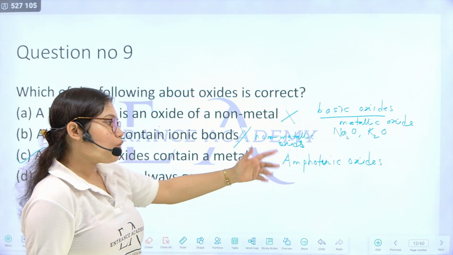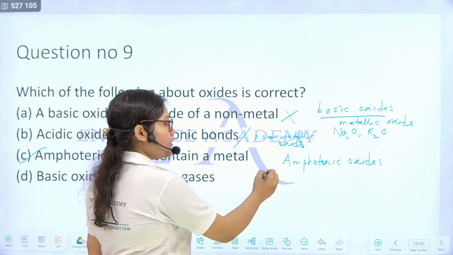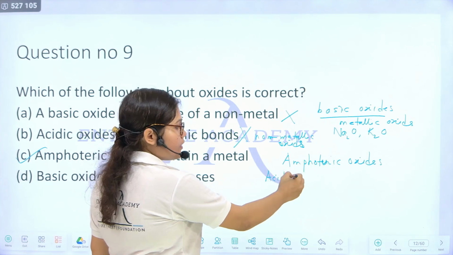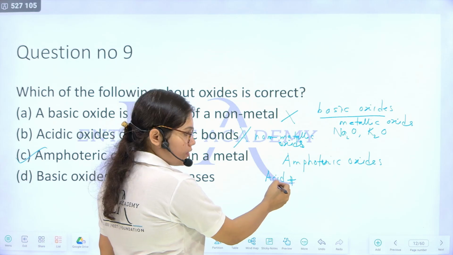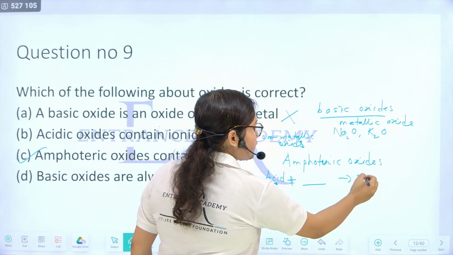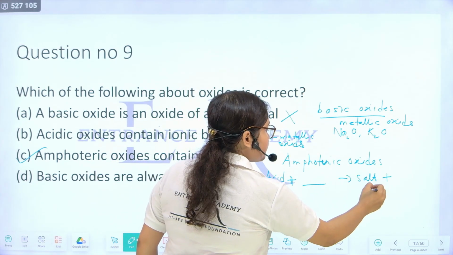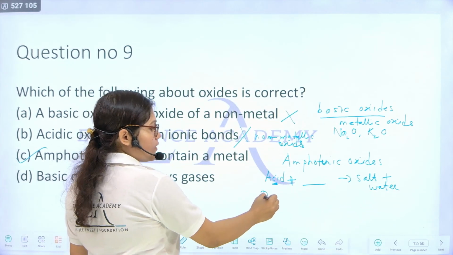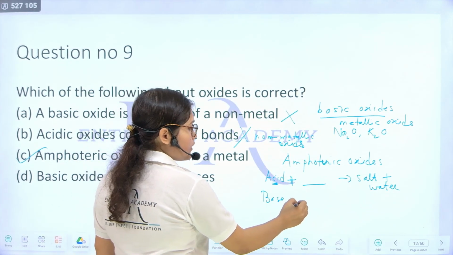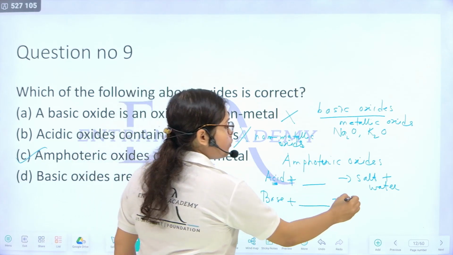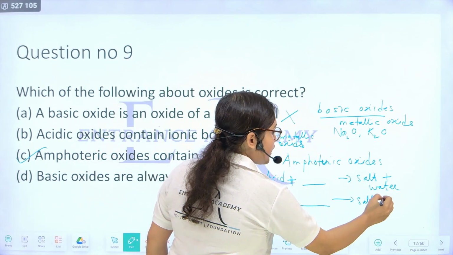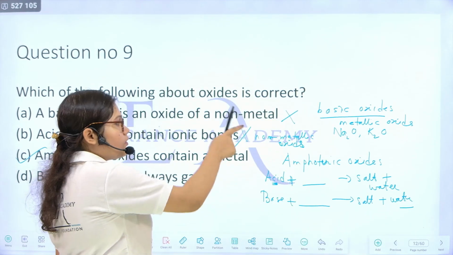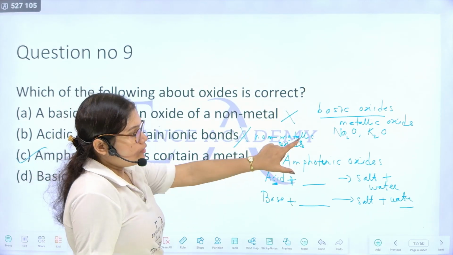If acid is there, amphoteric oxides react with acids to form salt and water. If base is there, amphoteric oxides react with the base to form salt and water.